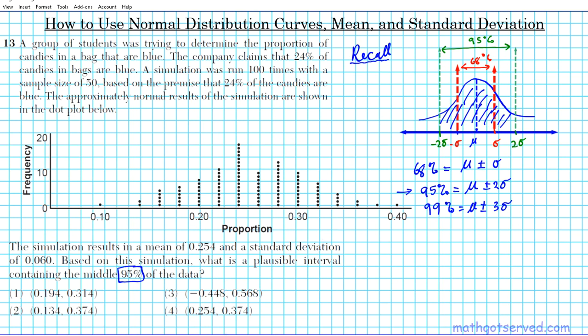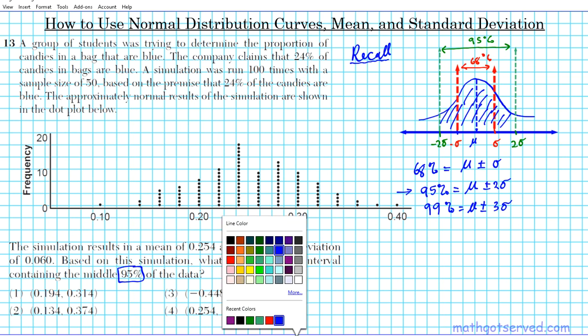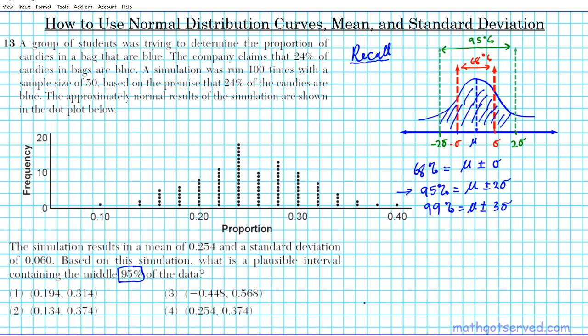Okay, so let's go ahead and specify what we have, and go ahead and solve for the interval. So don't forget, our mean is mu, and in this problem is 0.254, and our standard deviation, which is lowercase sigma, is 0.06.